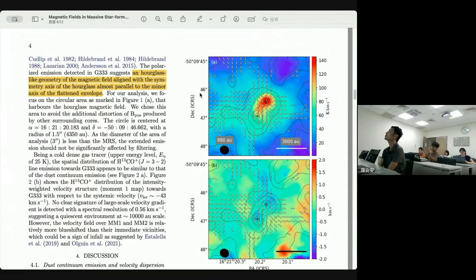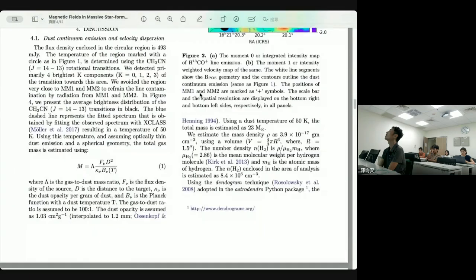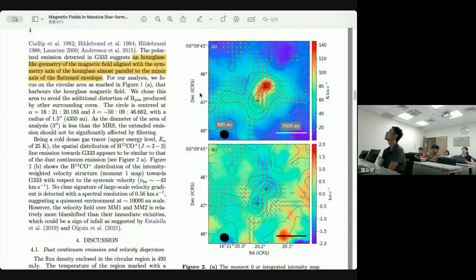So what's the magnetic field strength on MM1? Oh, they only calculate the total magnetic field strength, like for the whole region, not for the MM1. But then the discrepancy is only MM2, right?